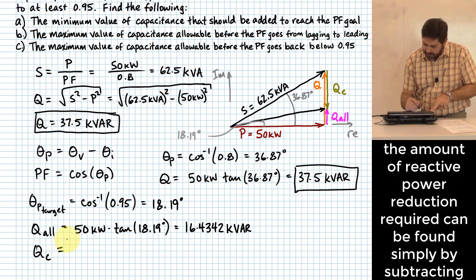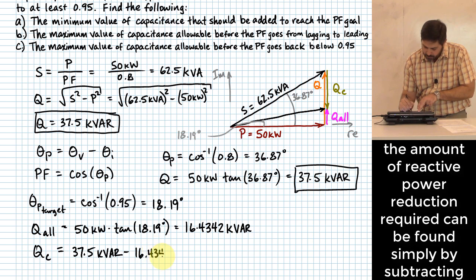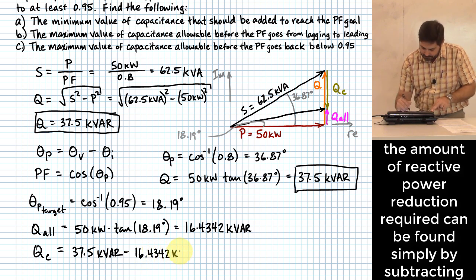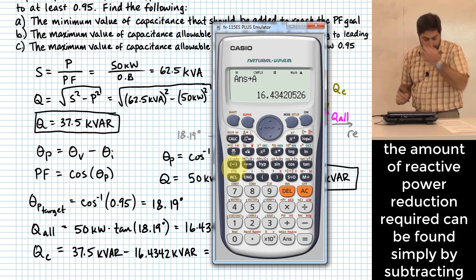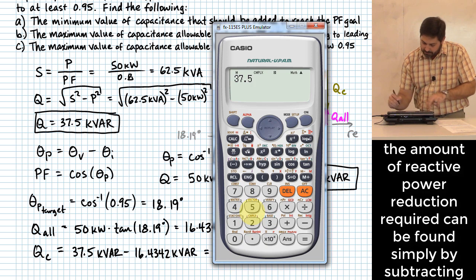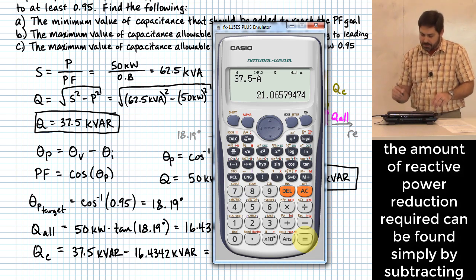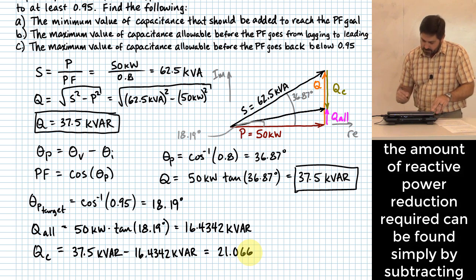I can do that by taking Q overall, which was 37.5 kVAR, minus 16.4342 kVAR. By the way, I'm going to need that value for something later on, so I'm going to store that value of 16.4342 into a variable there. Anyway, I'm going to take 37.5 minus what I just stored in that variable. 21.066 kVAR.